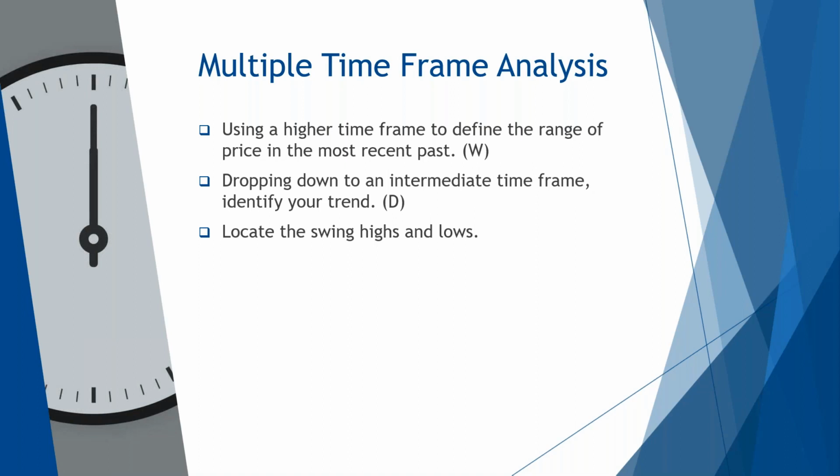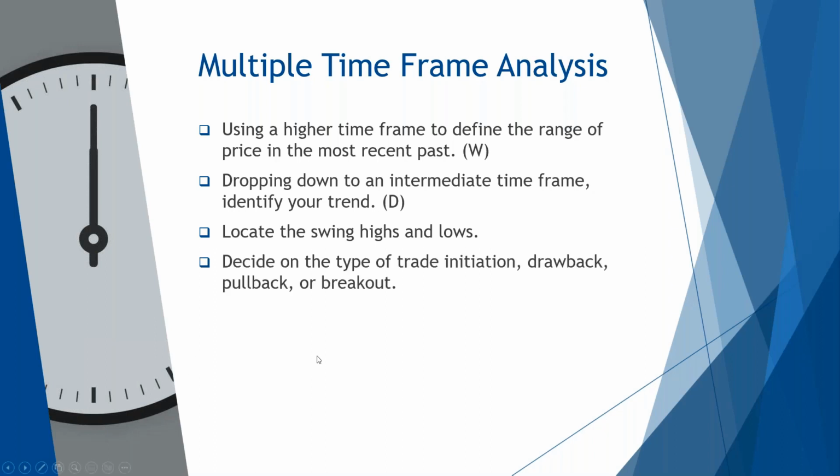Well, that's where price stops going down and starts going up, a swing low, and where price stops going up and starts going down is our swing high. And then that also is going to help me determine what type of trade I'm going to take: a pullback, which is where price pulls back from advancing, or a pullback is where price retraces after falling, or a breakout.